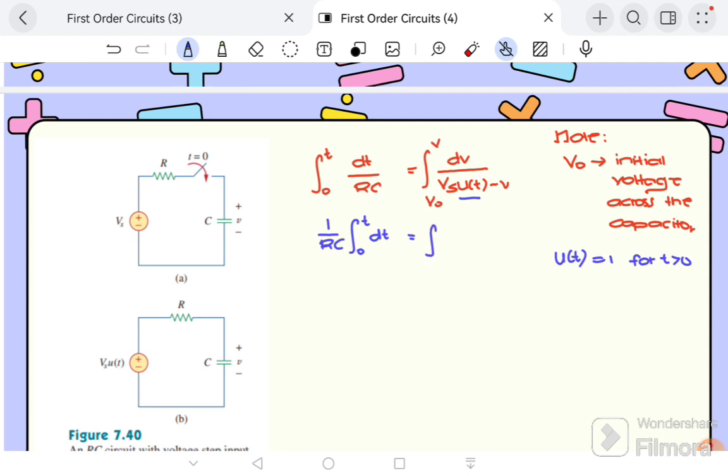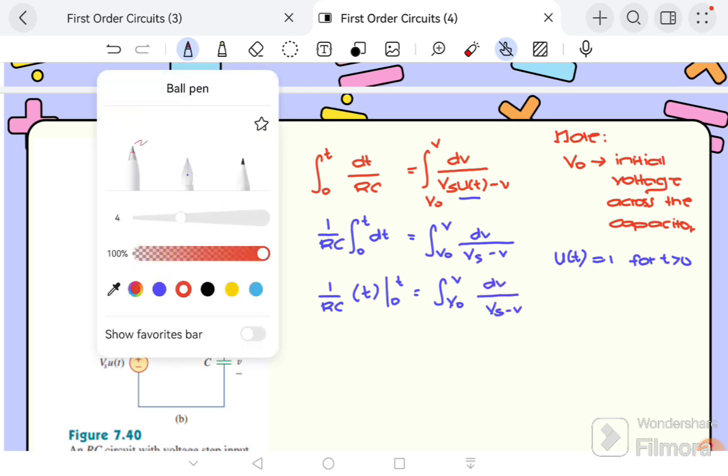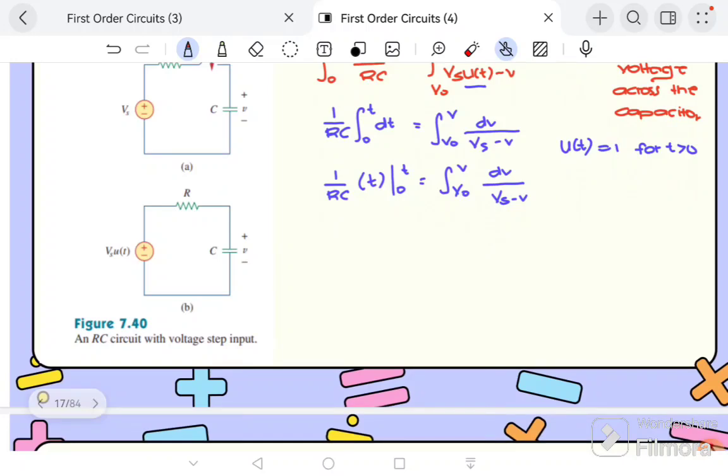Therefore, we can write it as dv over Vs times 1, or simply Vs minus v. So 1 over RC times the integral of dt from 0 to t equals the integral of dv over (Vs minus v). But what is the integral of dv over Vs minus v?